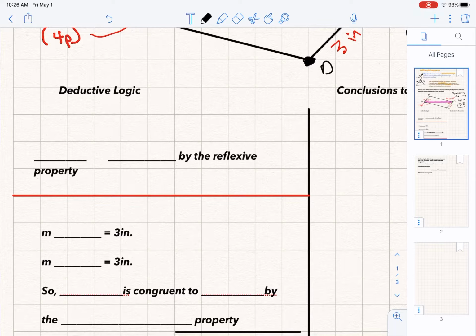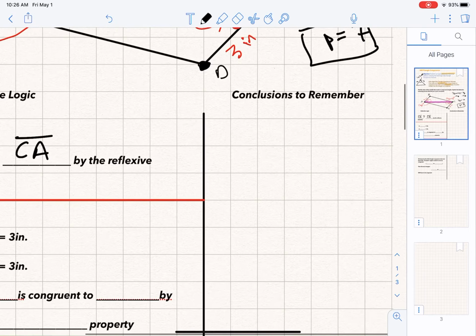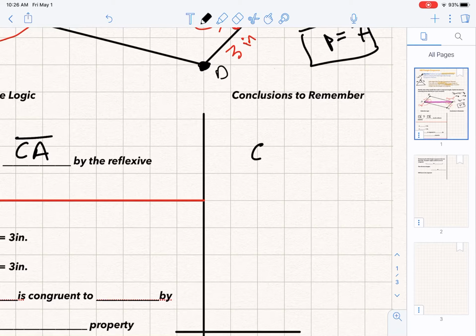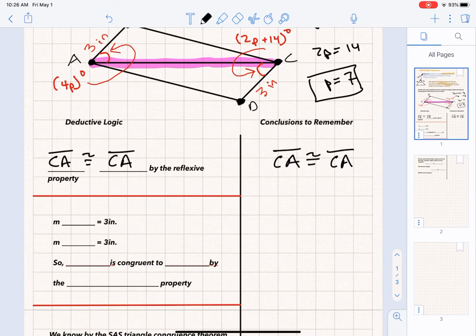So we're going to say that CA is congruent to CA by the reflexive property. So I'm going to write that down here. Line segment CA is congruent to line segment CA.